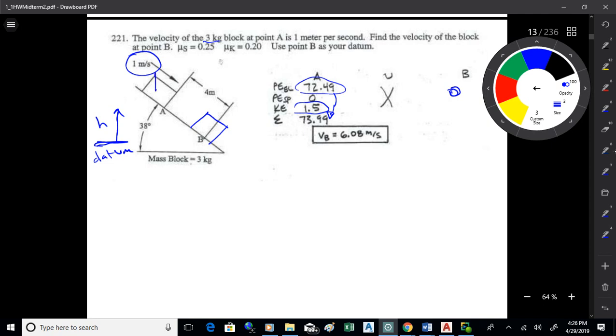Now what you want to do here is get the weight, which comes down like that, and then find the normal force, and then find the frictional force. So the force of friction is mu Fn. Okay.